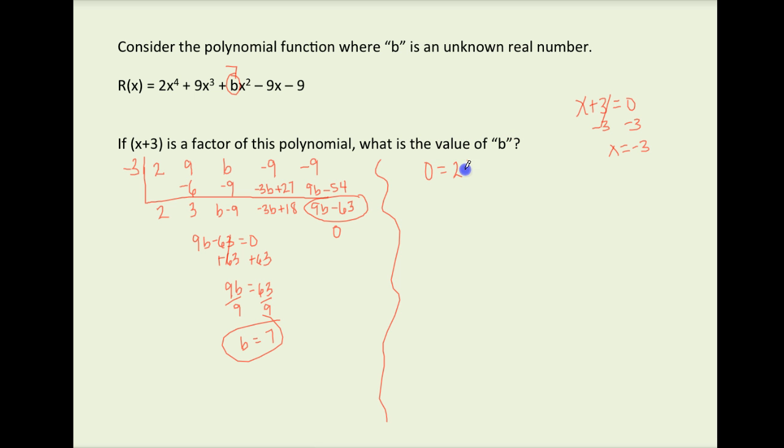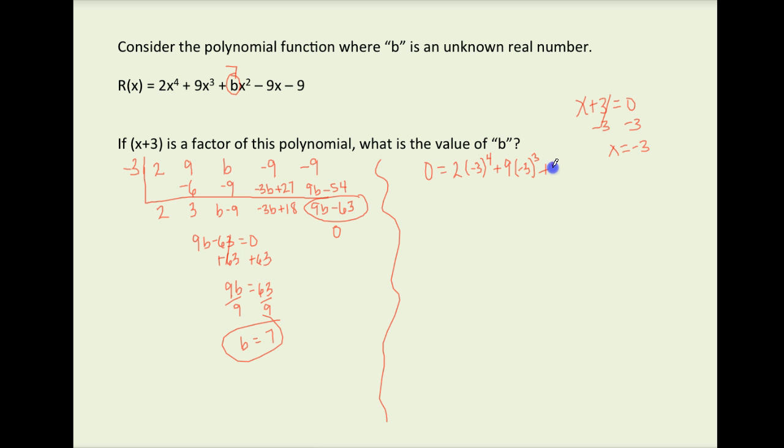We know that when we put -3 into this, we should get 0 because it is a factor. So this is the other option. You can put -3 straight into the polynomial and set that equal to 0 and solve. Replace all of the x's with a -3.